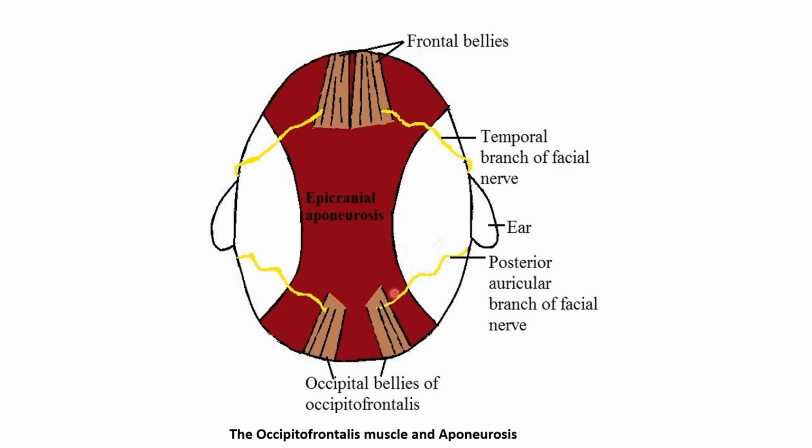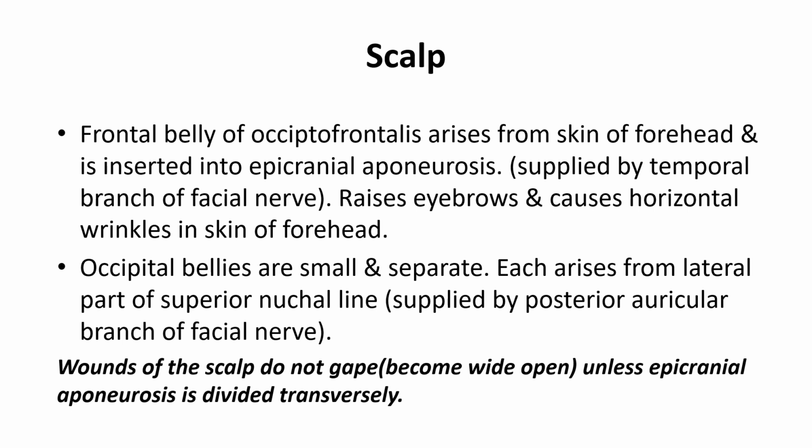So this diagram is showing the occipitofrontalis muscle and the Galea aponeurotica or the epicranial aponeurosis. So the frontal belly of occipitofrontalis arises from the skin of forehead and is inserted into the epicranial aponeurosis. As I mentioned, this is supplied by temporal branch of facial nerve.